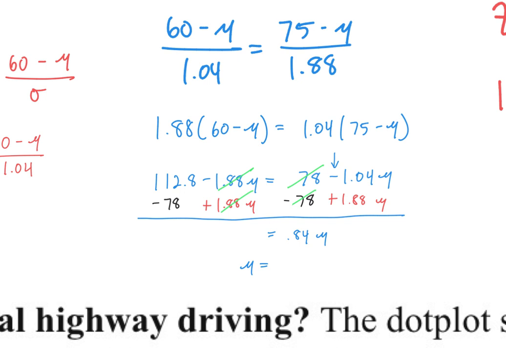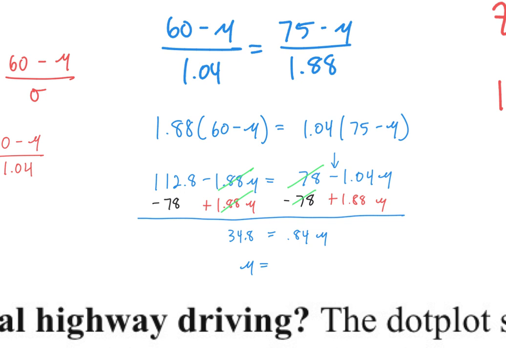Okay, so I just made some mistakes. So that'll be 34.8, and then 34.8 divided by 0.84. Okay, actually that makes sense now.